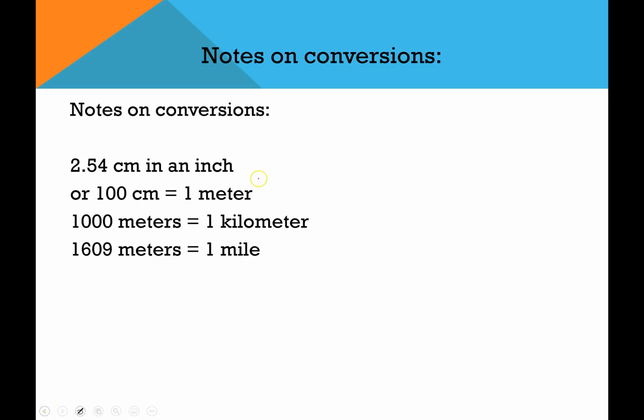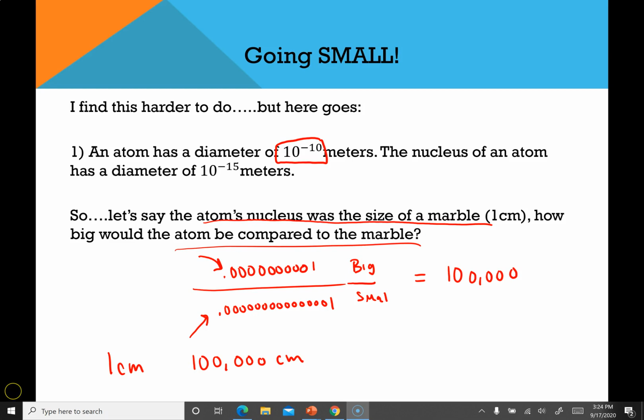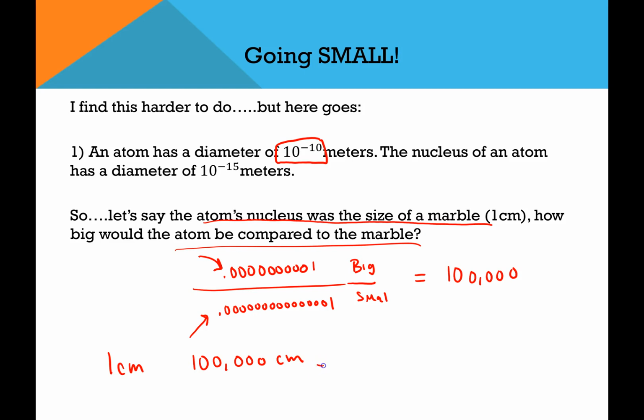So we know that 100 centimeters is equal to 1 meter, and we know that 1,000 meters is equal to 1 kilometer, and 1,609 meters is equal to 1 mile. So let's see if we can convert this. All right, going back. So I'm going to convert my 100,000 centimeters. I know, from going back there, that there's 100 centimeters in 1 meter.